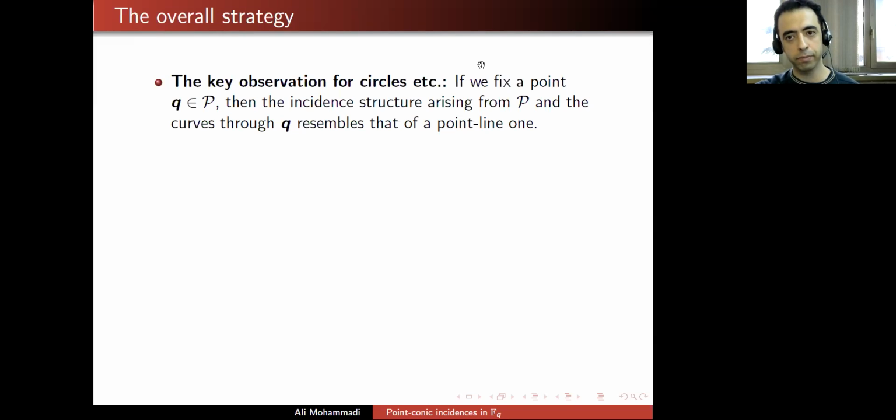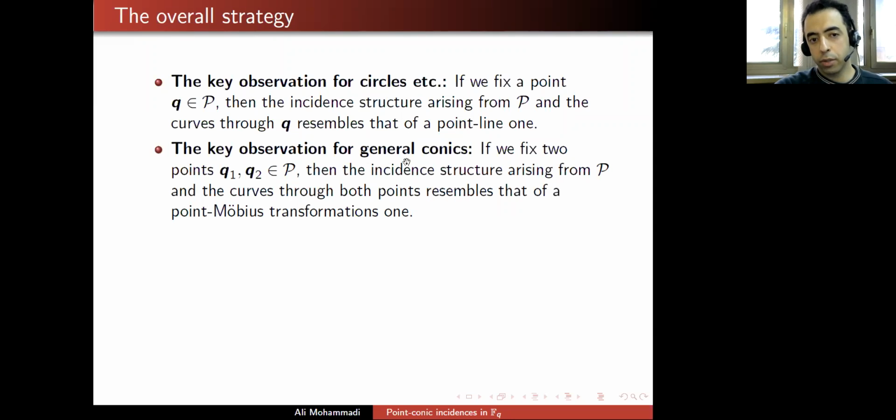But yeah, the main idea really belongs to Rudnev and Wheeler, who made progress on the point modular hyperbola question. The idea is you fix a point Q in P, and now just restrict your attention to the incidence structure that comes from curves passing through Q. Then it reduces to a point line one, basically, so on a local level. But this is for circles, parabolas, and those simpler hyperbolas.